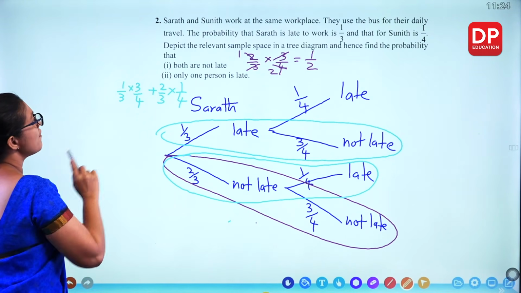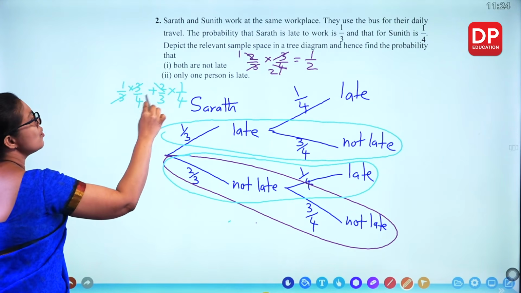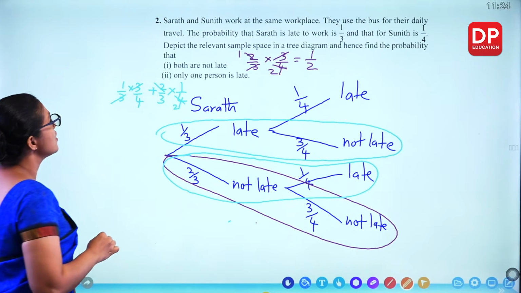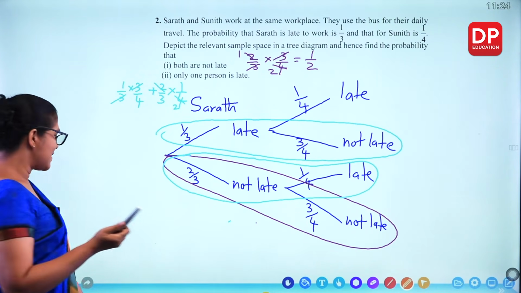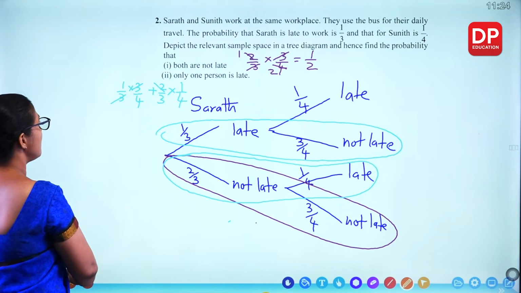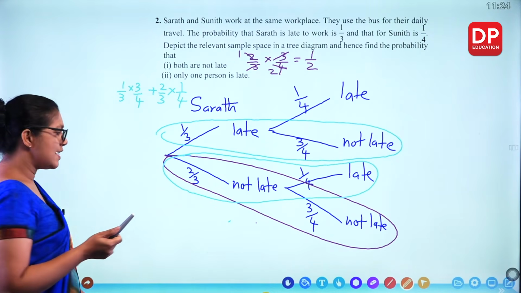So we need to multiply and add the two probabilities. Now try to simplify. 3 get cancelled out. Here this 2 get cancelled out with this 4. You get 2. Or without cancelling, you can do this easily. Later we'll simplify because the common denominator is 12.